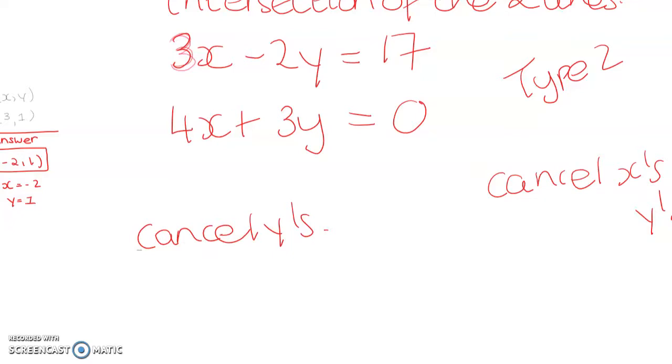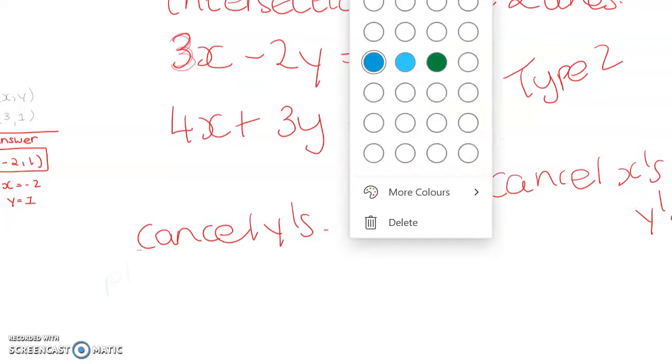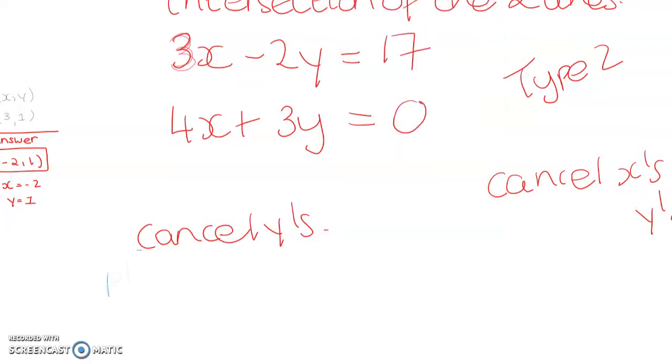If I want to cancel my y's, the lowest number that minus 2y and 3y multiplied to give you is 6, isn't it? 6y. So I will need, so plan, wait now. I need a minus 6y on top, and so that's on top.